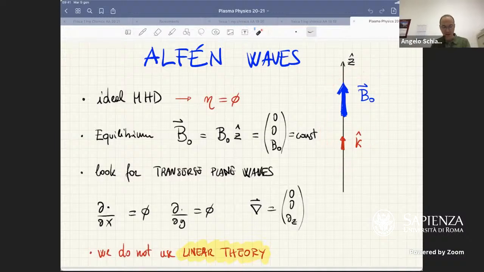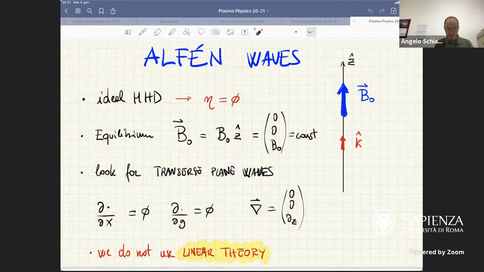And since we are in MHD, we are talking about an externally applied magnetic field that usually in our laboratory plasma is used to confine the plasma in a given region of space. So B0 is the externally applied field.